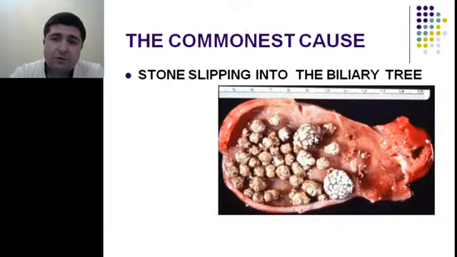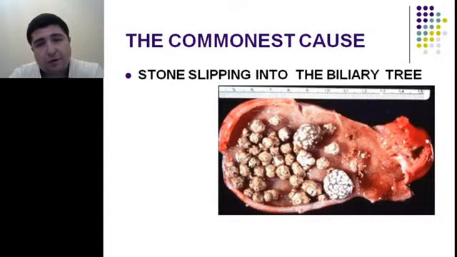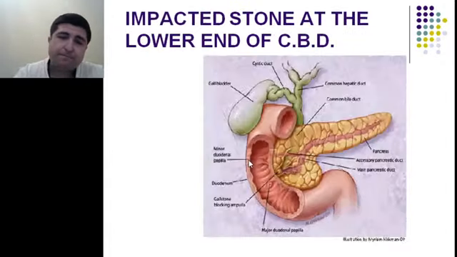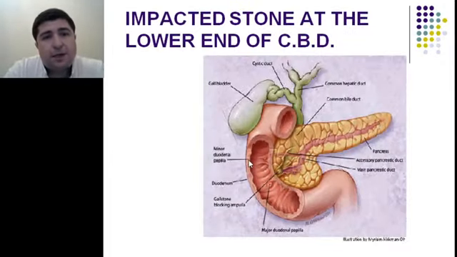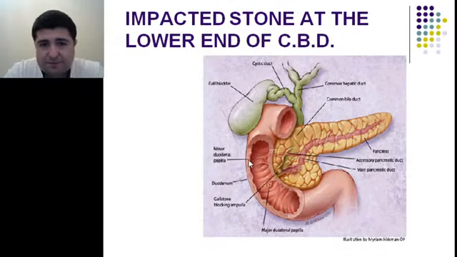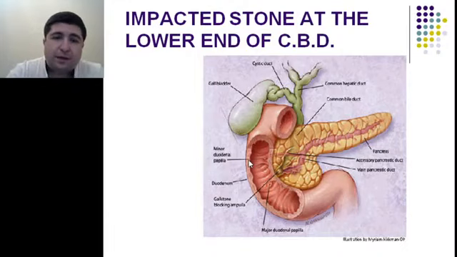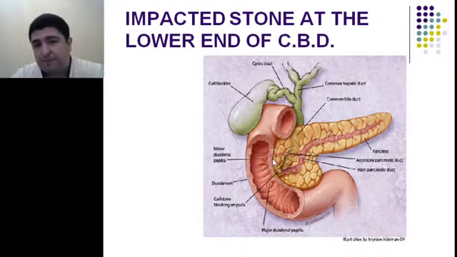Because big stones usually are fixated in the neck of the gallbladder. Small stones can go and block there. Impacted stones at the lower end of the common bile duct also can be a cause of mechanical jaundice, and usually it's fixated here.